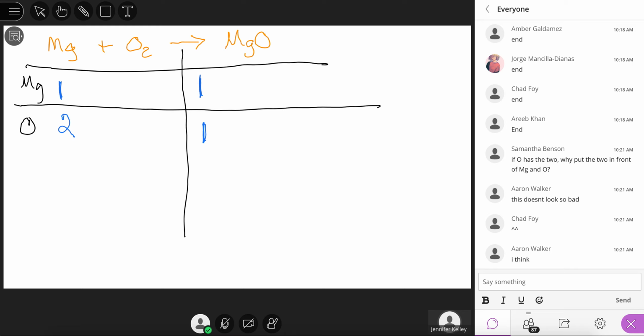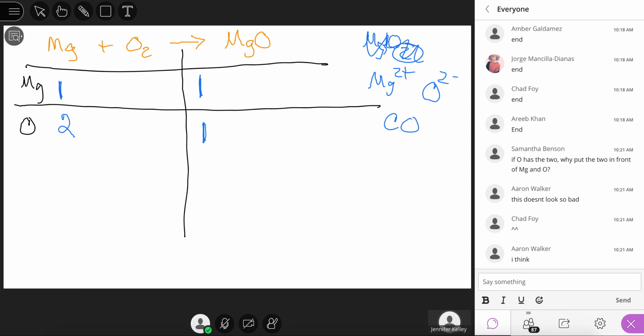So I need more. Now I can't make it MgO2 because magnesium is 2 plus, oxygen is 2 minus, and that would give me a charge if I put the subscript. It would change it into something totally different. So you can't do that.